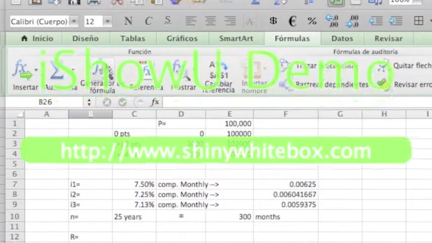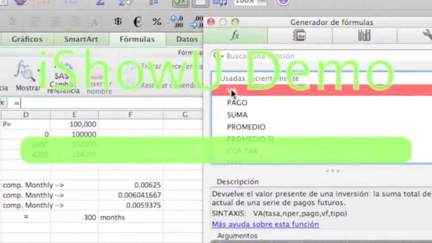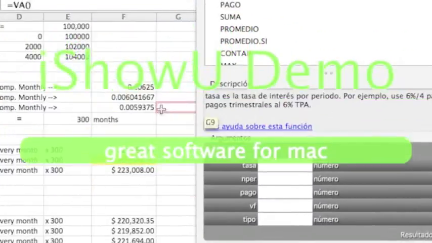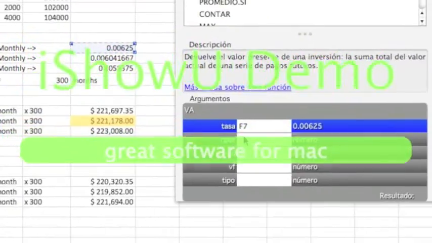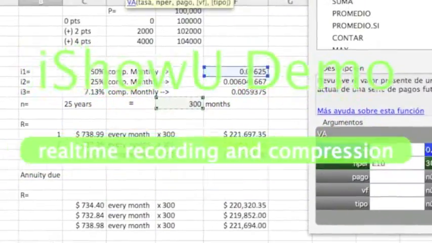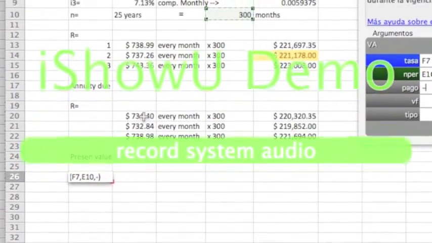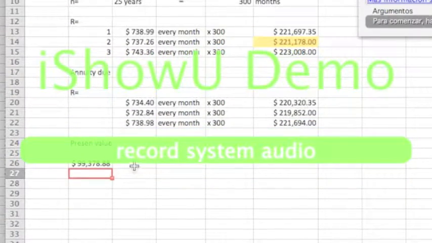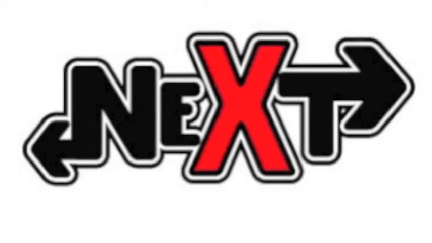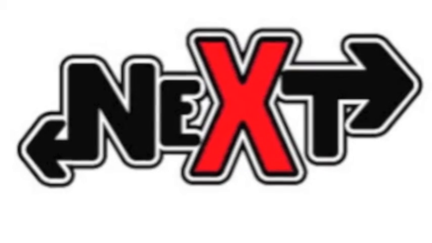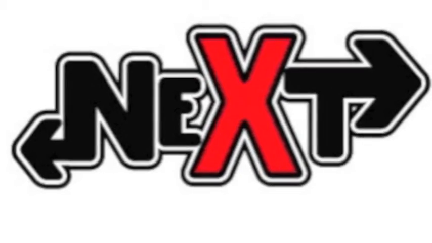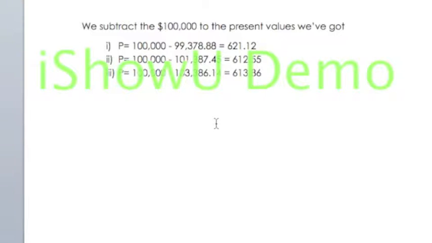100,000. So option 1 is equal to 99,378.88. Option 2 is 101,387.45, and option 3 is 103,386.14.